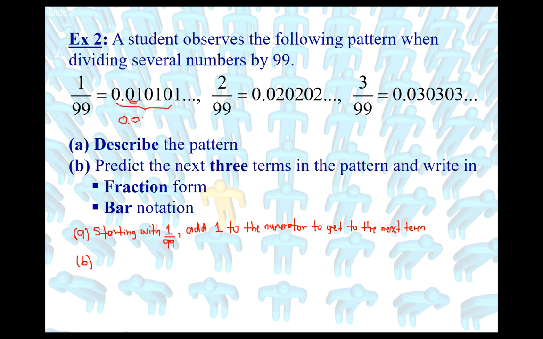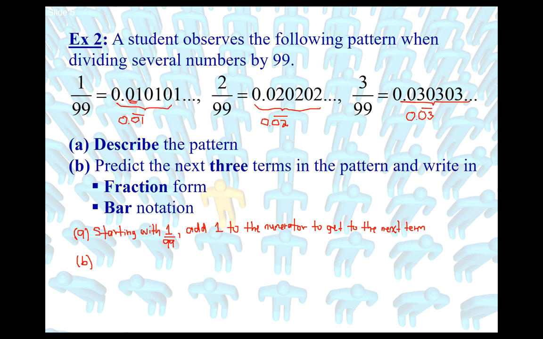Okay, that keeps repeating. Identify that group and put a bar on top. Same with this one. This one would be 0.02, put a bar on top. And then this one, what group of digits is repeating after the decimal? It's 0.03, and then put the bar on top.